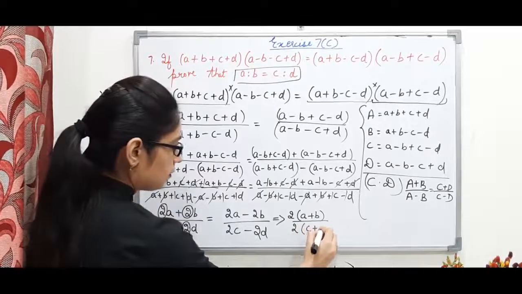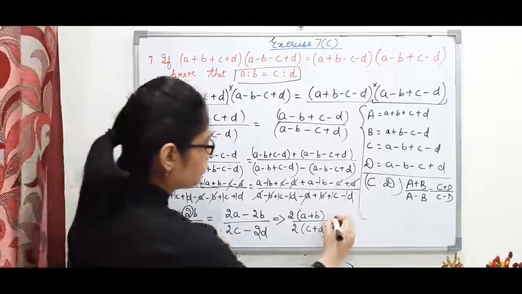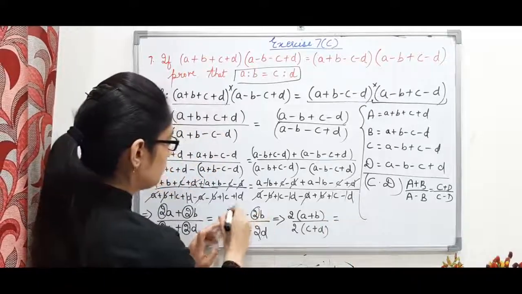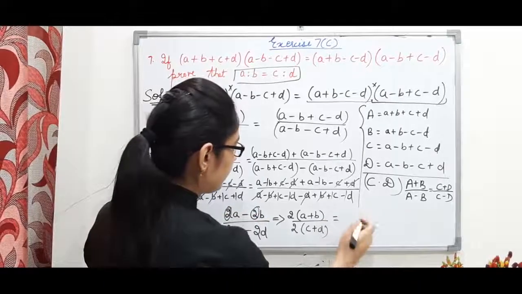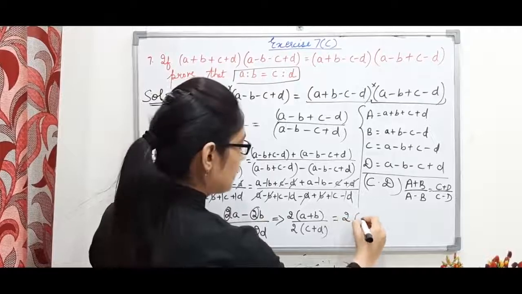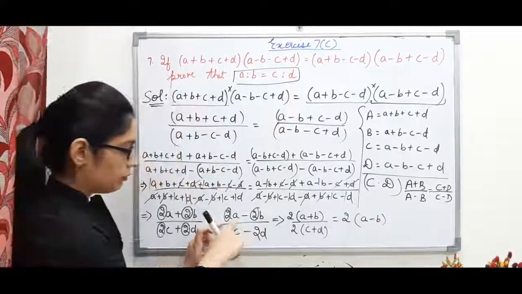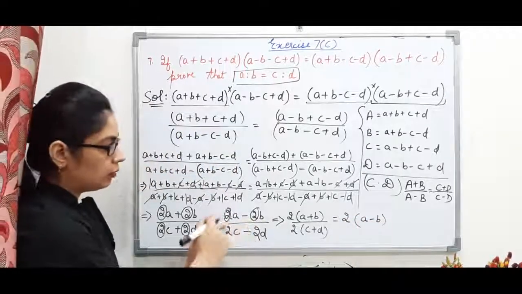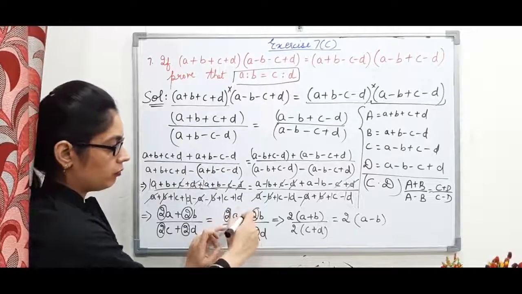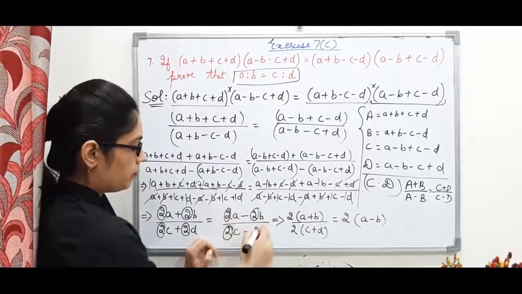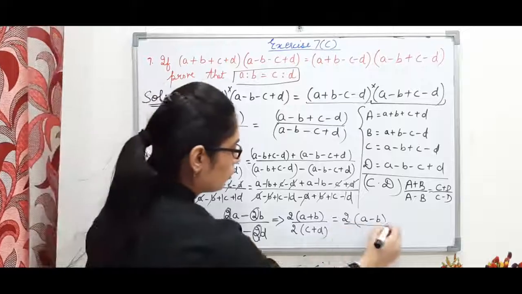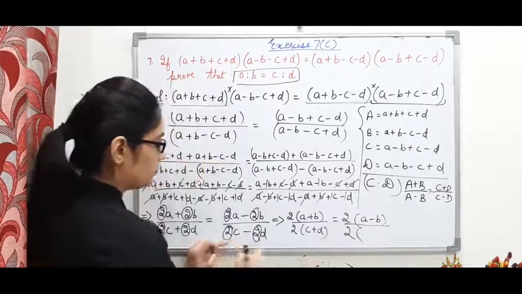c plus d, this side 2 is there in both the terms, so 2 I will take common. So a minus b, so whatever I am left with, 2 if I am writing outside, I am left with a and b along with this minus sign. So from these 2 terms also I will take 2 common, because it is present with both the terms.